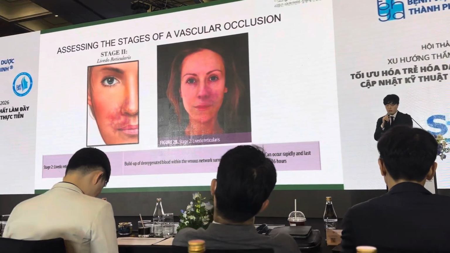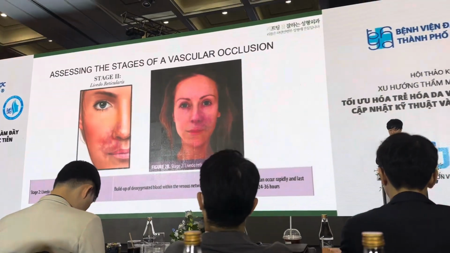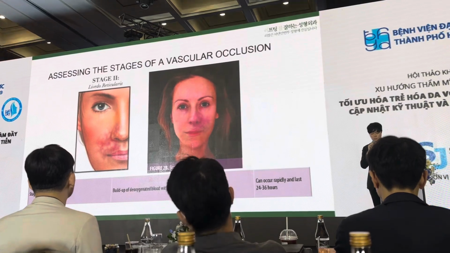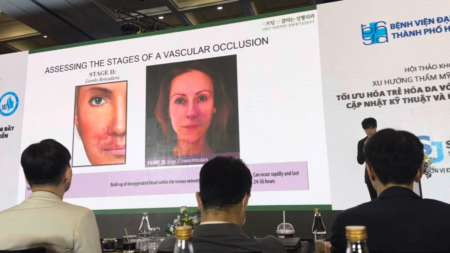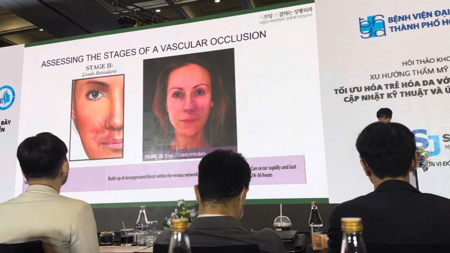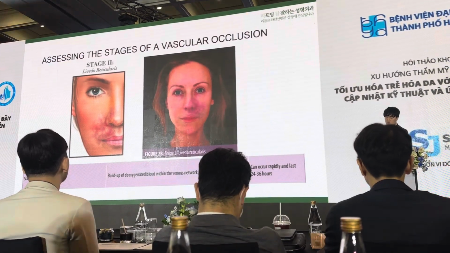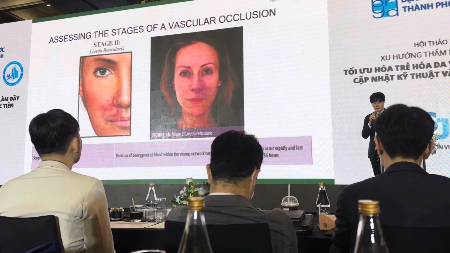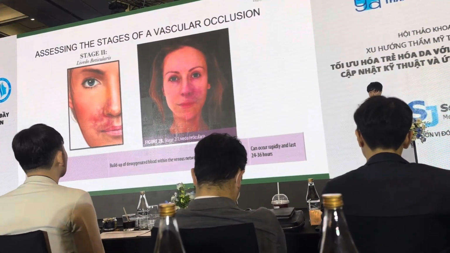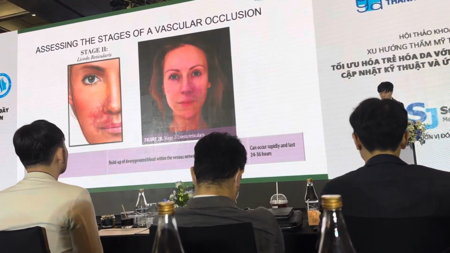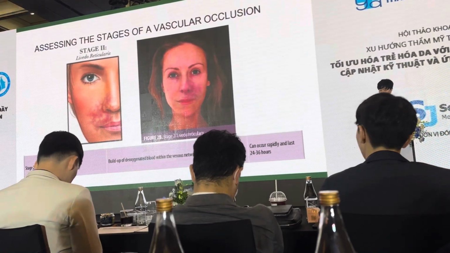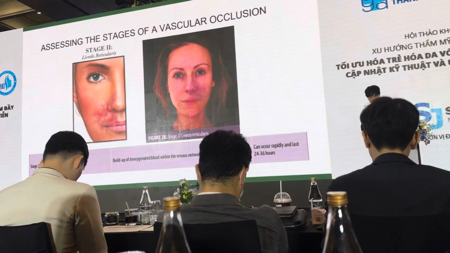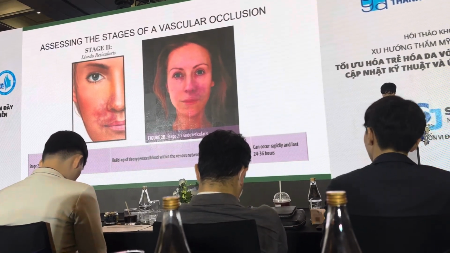Two, livedo reticularis. The second stage is livedo reticularis, a net-like redness or purplish discoloration of the skin. This pattern appears because of the anastomotic structure of facial blood vessels. When a vascular territory is blocked, adjacent vessels start showing this reticular pattern due to ischemia in the distal branch.